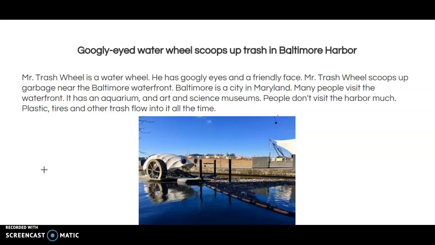Let's get started. The first thing that you do when you paragraph shrink is you decide if it is nonfiction or fiction. So I've already told you that it is nonfiction, but some key ways to find if it's fiction or nonfiction is to quickly skim through the first paragraph and even look on the page for text features. Text features is the biggest and most important way to know that it's nonfiction.